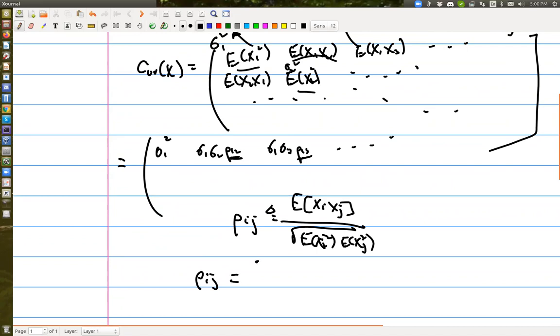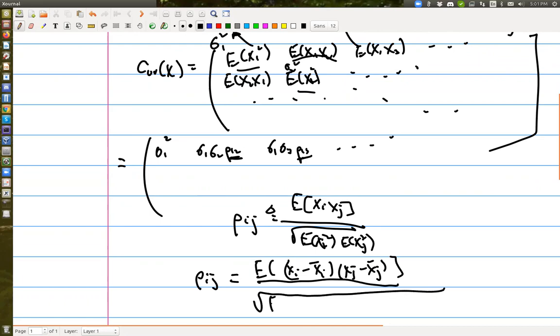If it's not zero mean in general, it should be something like this: xi minus xi bar, where xi bar is the mean of xi, times xj minus xj bar, over expectation of xi minus xi bar square times expectation of xj minus xj bar square.